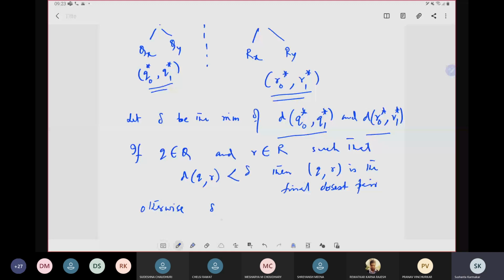Otherwise, this R0 star, R1 star is the closest pair. So if we find that such Q and R exist, such that they are smaller than the minimum of these two, then that is my new final closest pair. Otherwise, whichever represents delta, the minimum, that is the closest.